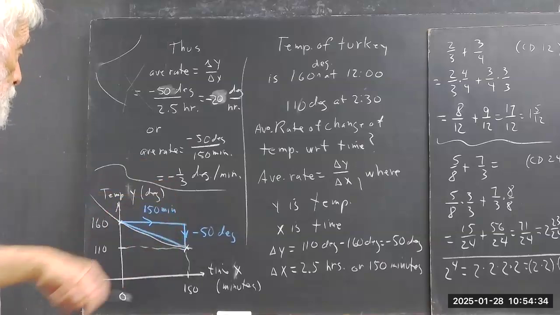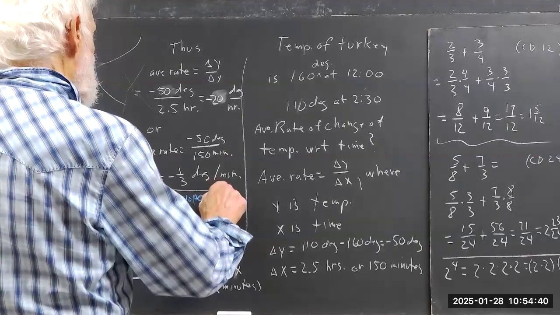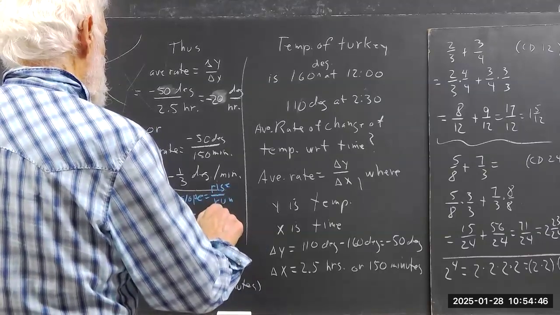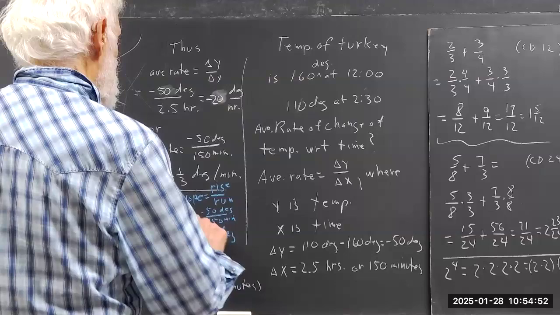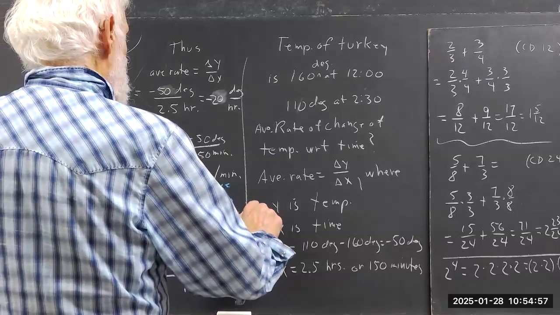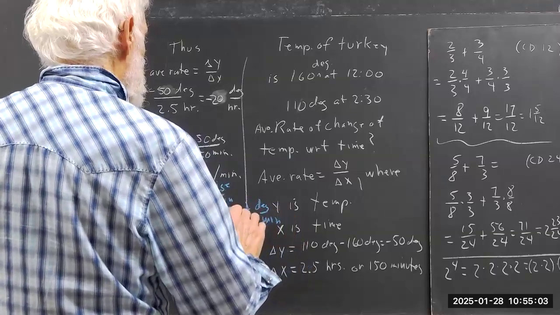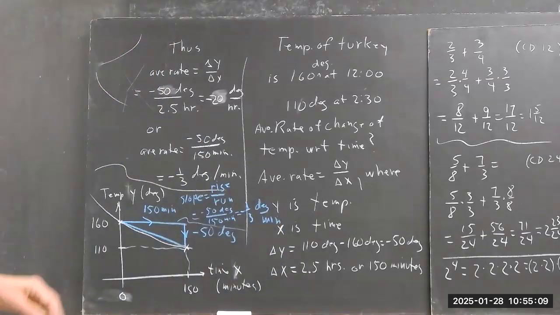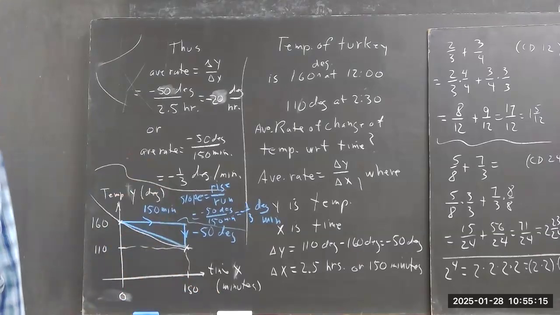Rise is negative 50, run is 150, which is negative 50 degrees over 150 minutes, which is negative 1/3 degree per minute. Which agrees with the average rate of change.